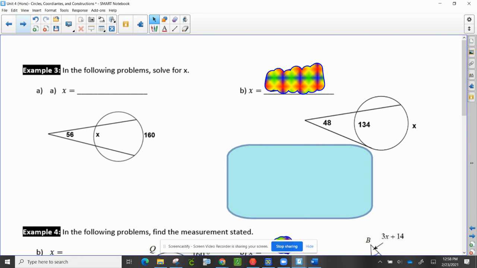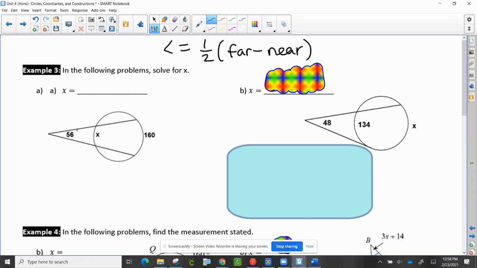Okay, so on the last page, we're going to be doing some equations. So in example 3 and part of example 4, we're going to be solving for X. So remember, our formula is our angle is equal to 1/2 the far arc minus the near arc. So in this problem, our angle here is 56.